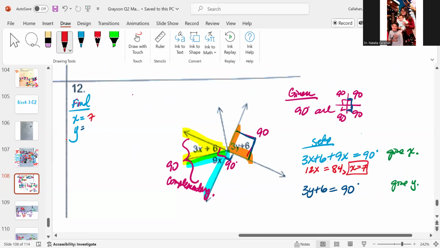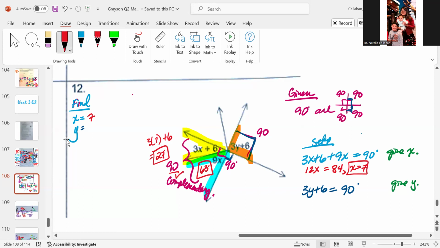So x equals 7, right? If x equals 7, 3 times 7 is 21. 21 plus 6, 27. That's a 27-degree angle, okay? Here, 9 times 7 is 63. And to check, does 27 plus 63 give me 90? Yes, it does. So I could just check right there, okay?